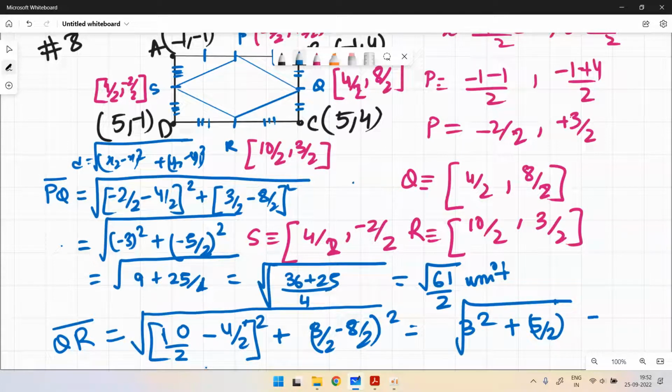If you calculate this, you will get the same answer: 9 plus 25/4 is 61/4, so under root 61 by 2 units.